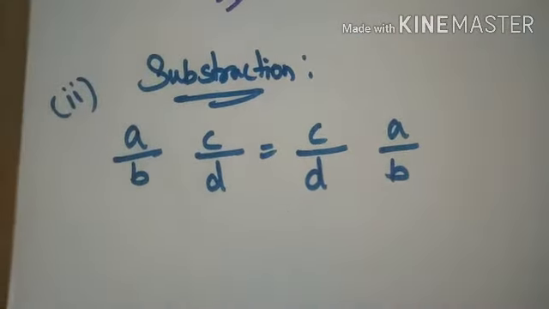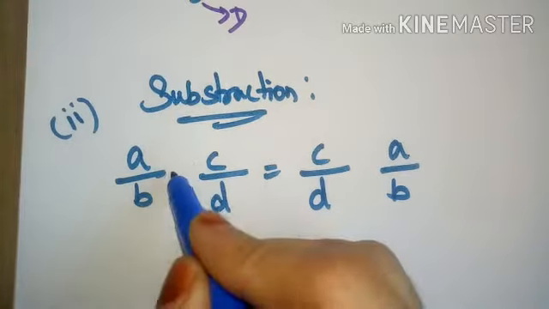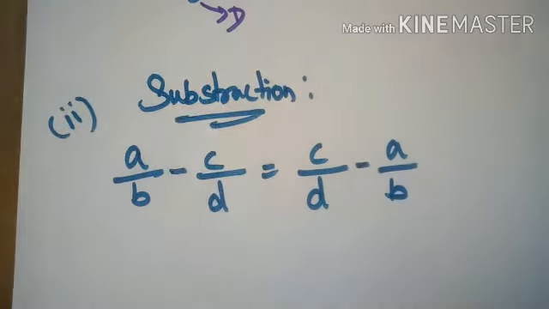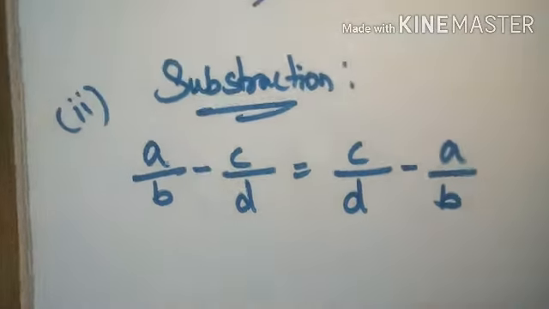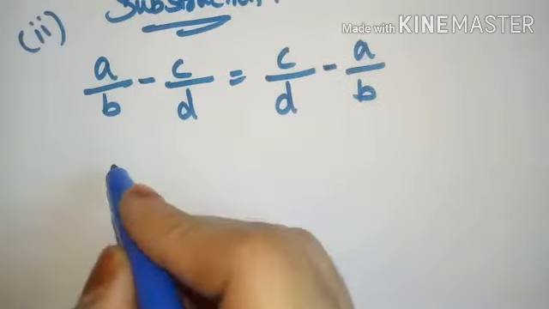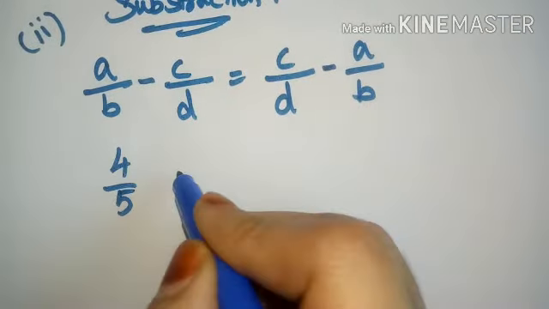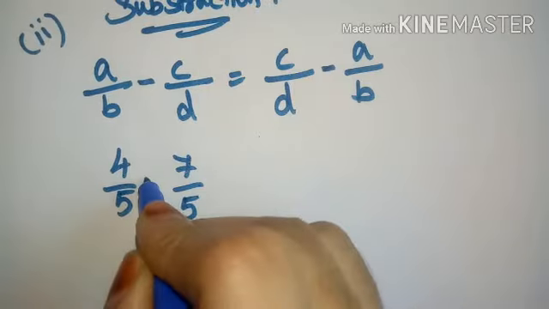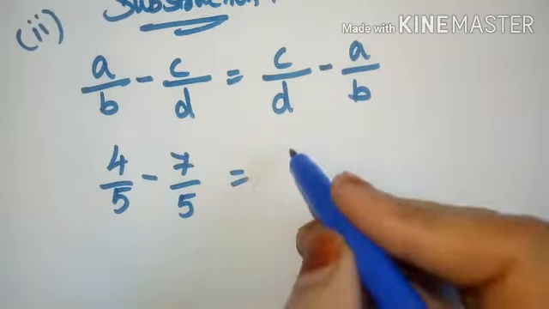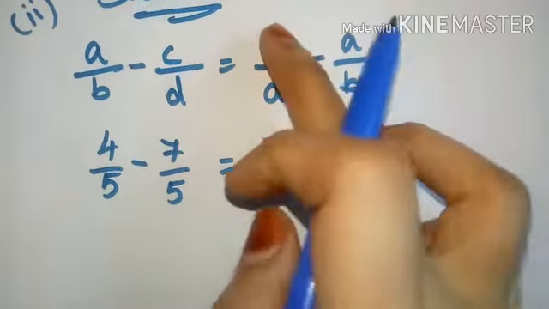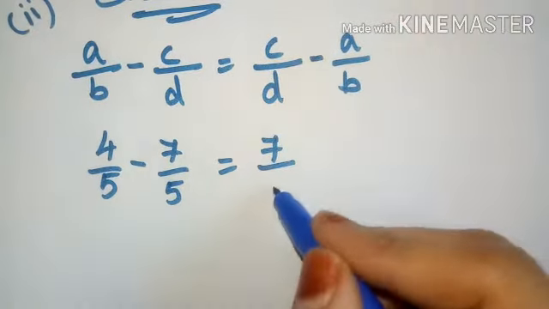The only difference is subtraction, so we have to write minus. Got it? Again I'm going to take two fraction numbers, one is 4 by 5, another one is 7 by 5.